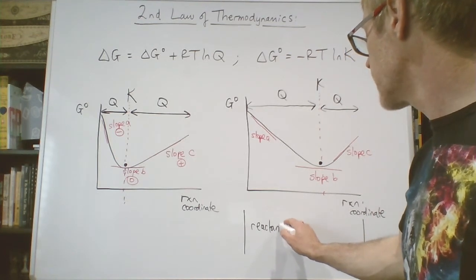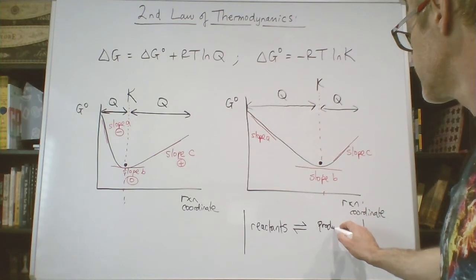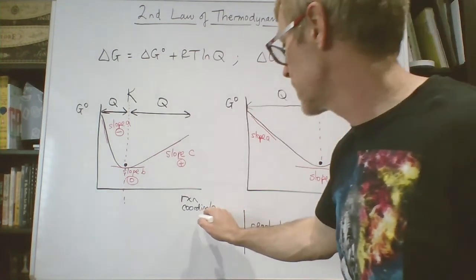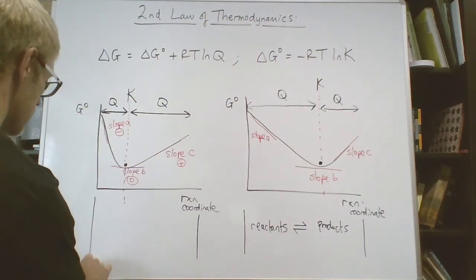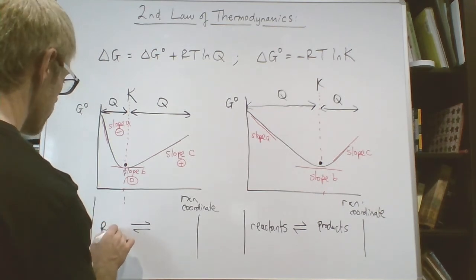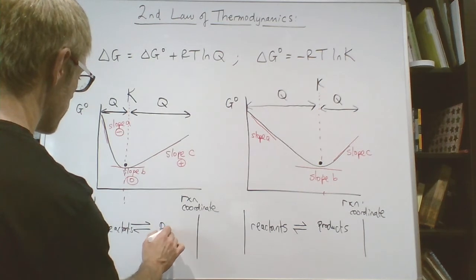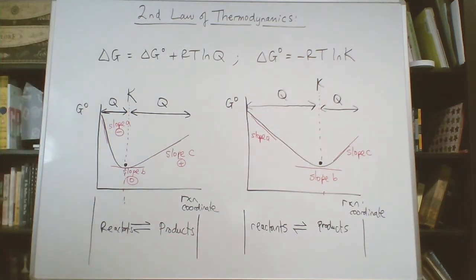Let's say these are the reactants and these are the products. Let's do the same here for our reaction coordinate. Reactants and products.